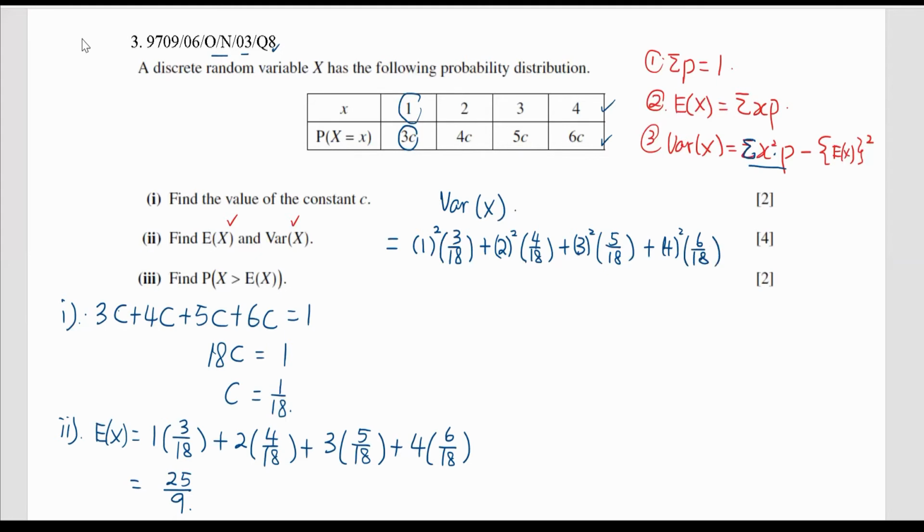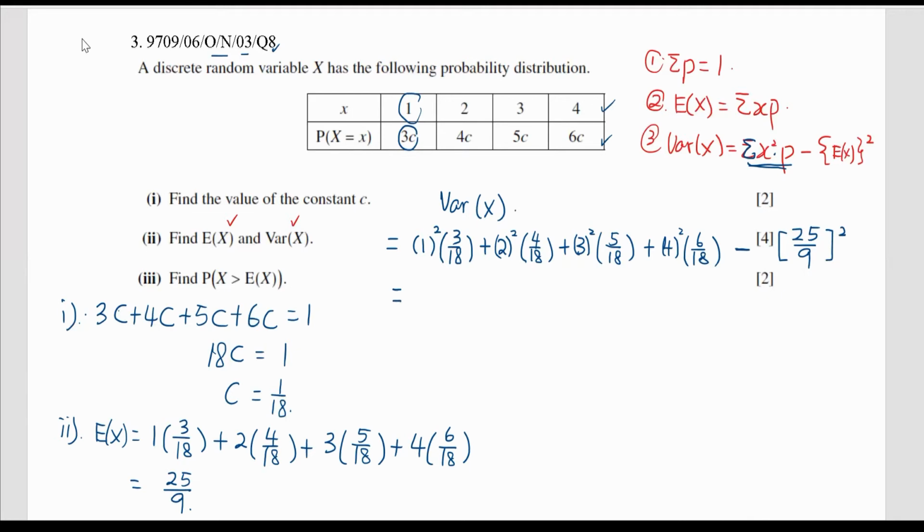So this calculation is the summation of x squared p. And then don't forget you need to minus, according to the formula, the mean. The mean we have found is 25 over 9, and square it. That is how you calculate the variance using the formula given.